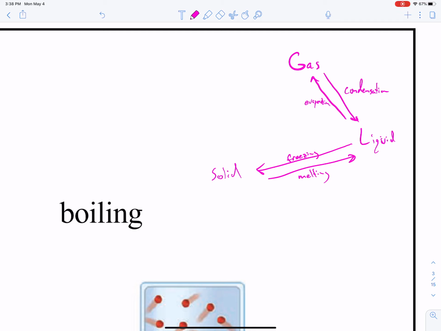There's nothing new here, except sometimes you can take that solid and turn it into a gas. That is called sublimation. And you see that when snow at freezing temperatures slowly decreases in volume.